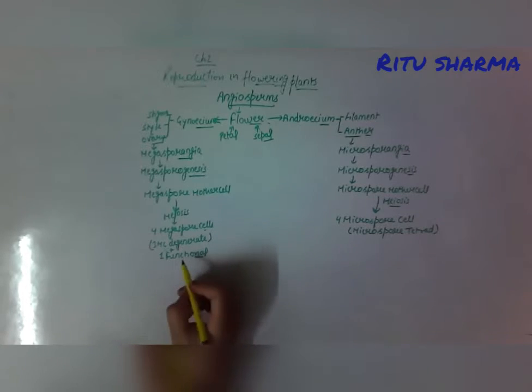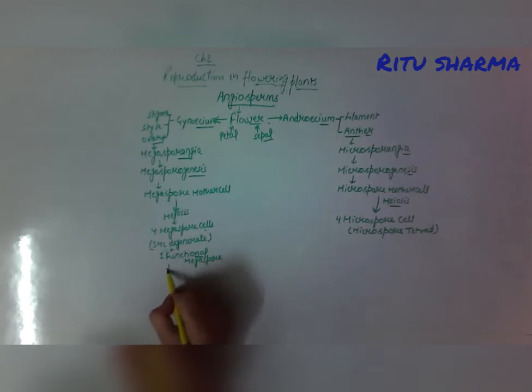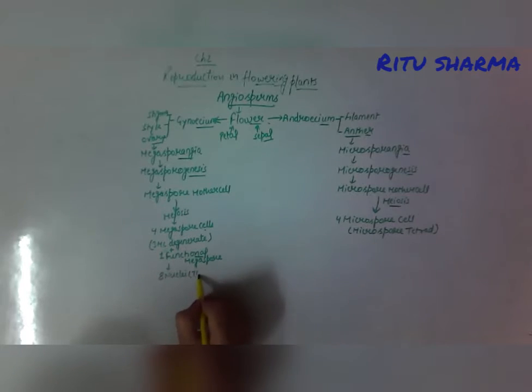This one functional megaspore consists of 8 nuclei with 7 cells.